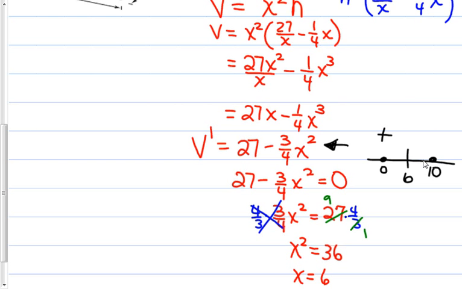When I plug in 10, I get 27 minus 3/4 times 100. So that's 300 divided by 4. 4 goes into 300 75 times. So 27 minus 75. That's definitely negative. Doesn't really matter what number it is. So I'm going up and then coming down. So this is a max.